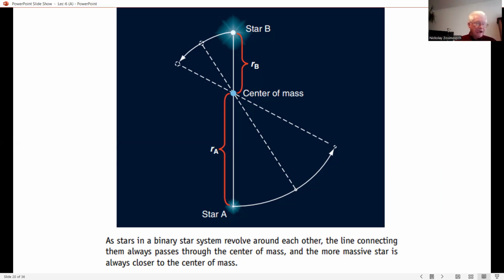If one star is more massive than its companion, then the more massive star is closer to the center of mass and travels in a smaller orbit, while the lower mass star whips around in a larger orbit, as you can see from this slide.